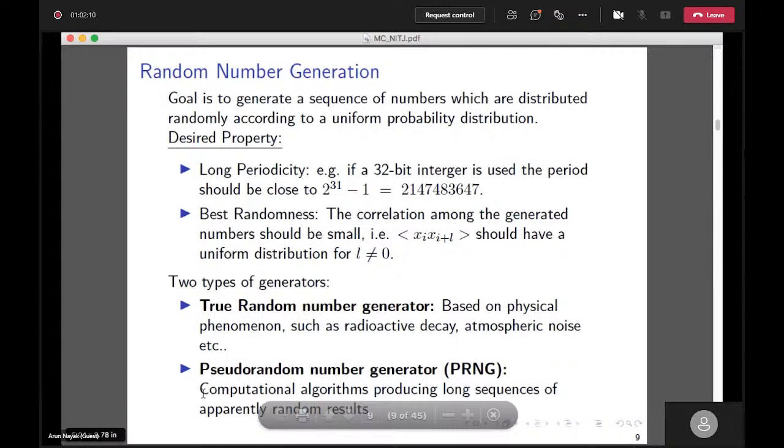Suppose you have calculated something with random numbers and you want to recalculate the same thing to check that you did something correctly. You can generate the same sequence of numbers, and also you can have a large number of such random numbers when you need large sample statistics.